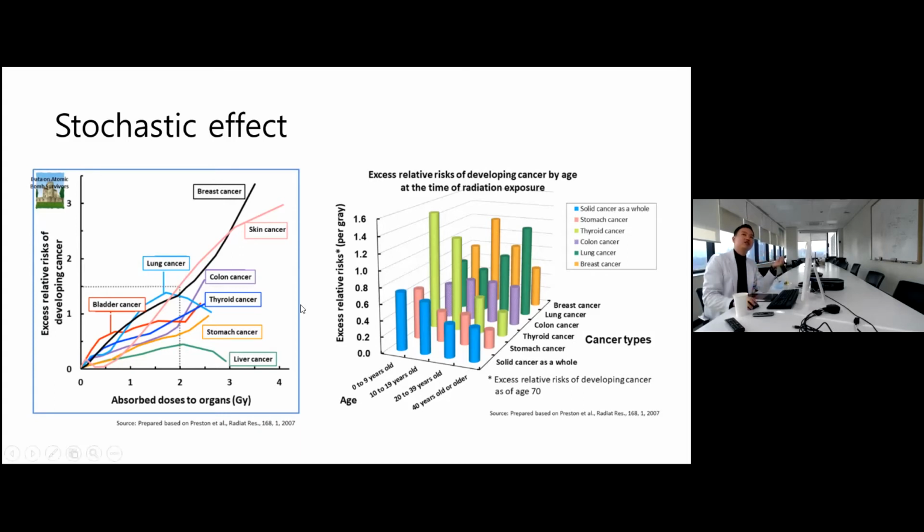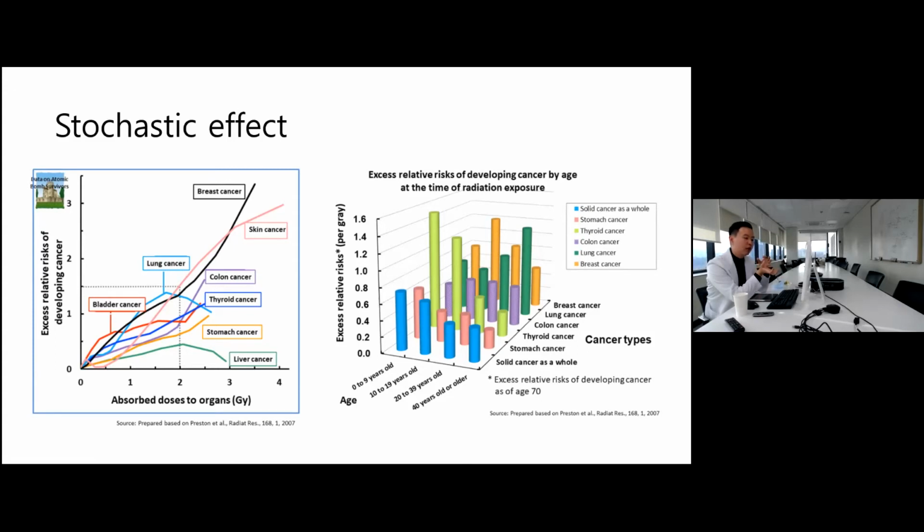Also, not only the part of the tissue, age is also an important factor, particularly for children, because children have a high committed effective dose per unit activity.